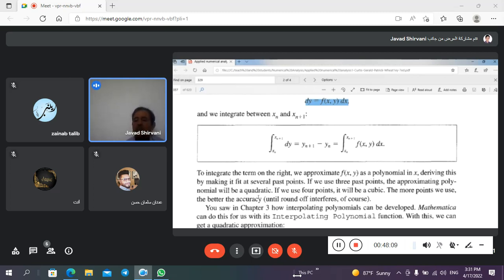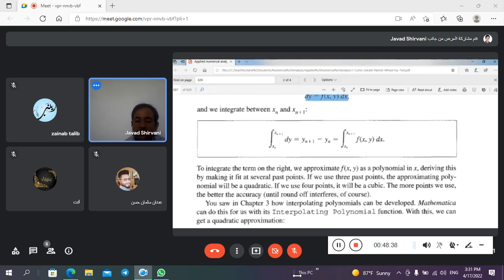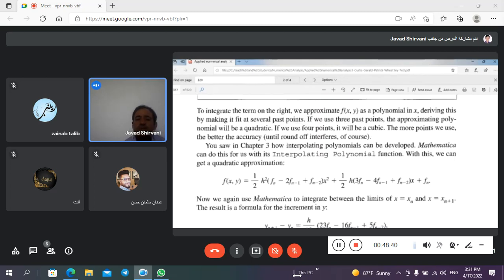If we use 3 past points, the approximating polynomial would be quadratic, of degree 2. If we use 4 points, it will be a cubic. The more points we use, the better the accuracy we get.